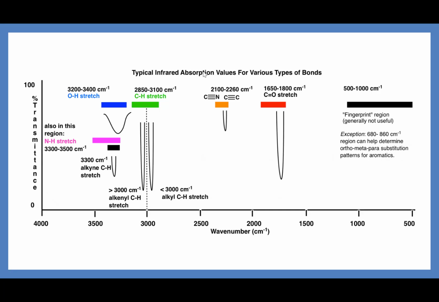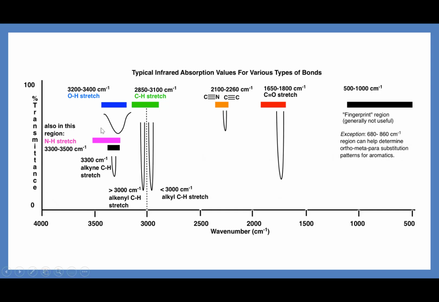What we're also going to start to see is that we have various different regions for various different types of functional groups or bonds, and these are just a few of them. I have provided you with a table on Moodle for basically every single type of bond, and this will help you to interpret some exercises and some example IR spectra later on.